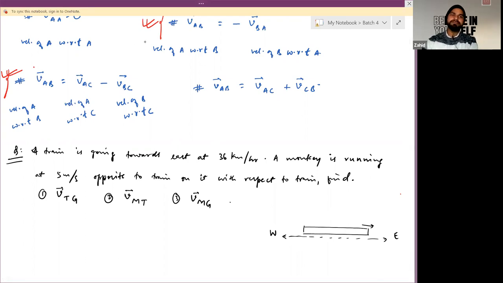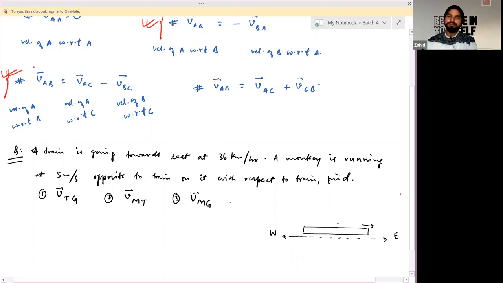There is a monkey running on it opposite to its motion at some velocity 5 meters per second. So it will be velocity of monkey with respect to train, and since it is going opposite to the motion, it will be along west, so take negative sign to it.